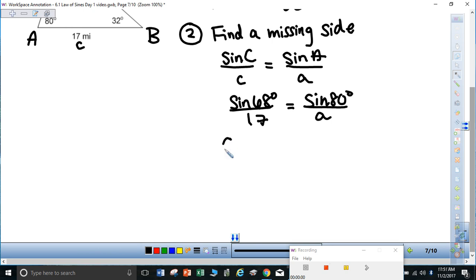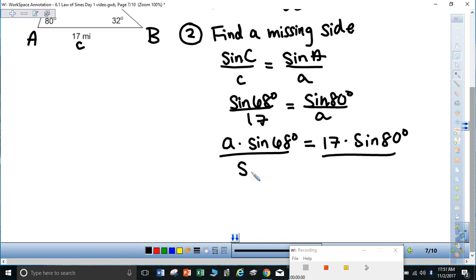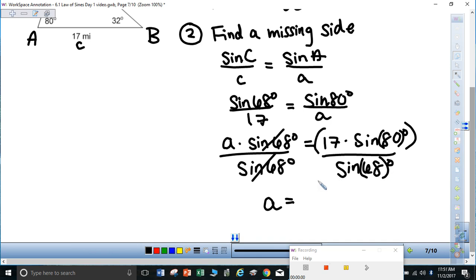Okay, go ahead and cross multiply, and divide both sides by sine 68. All right, putting this into your calculator, adding all of your parentheses in the right places, we get A is approximately 18.1.